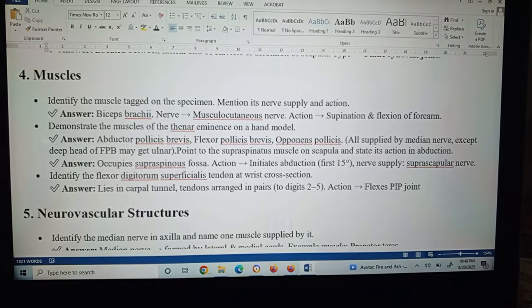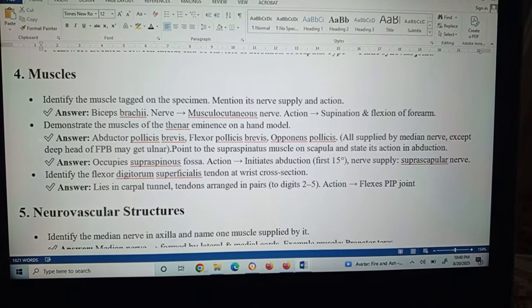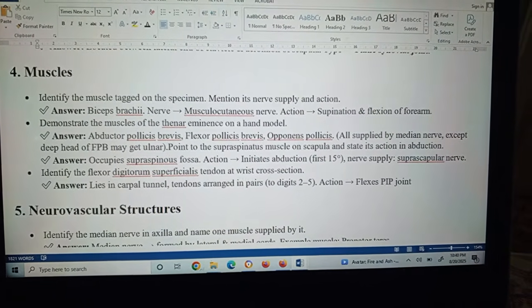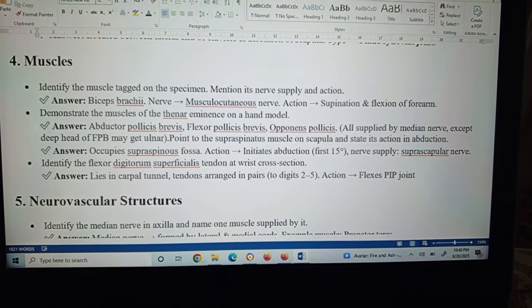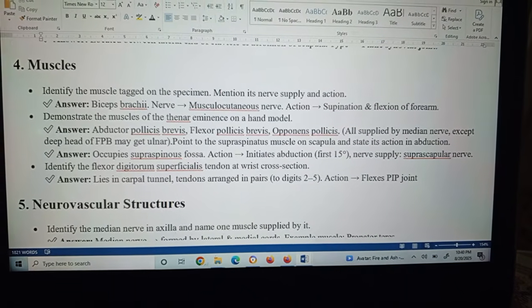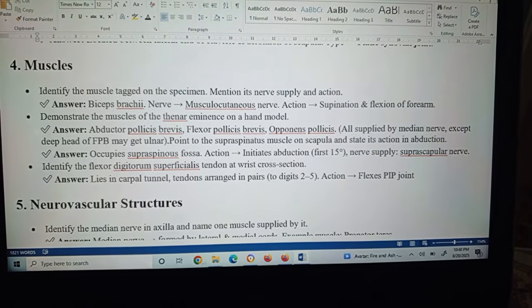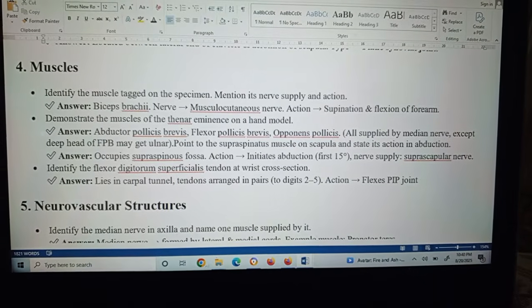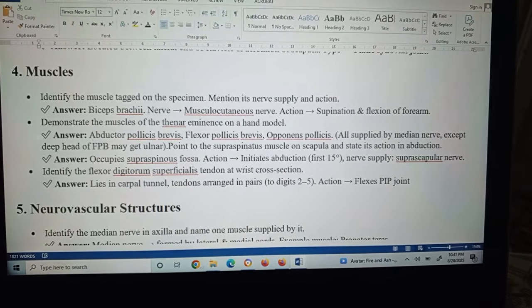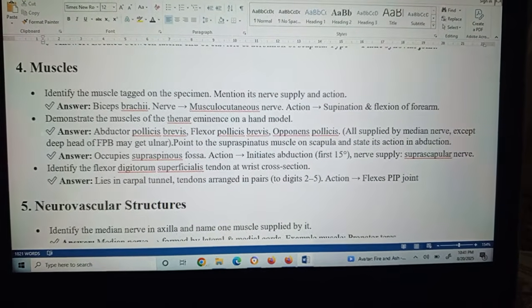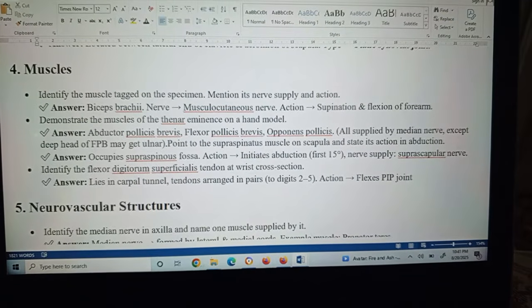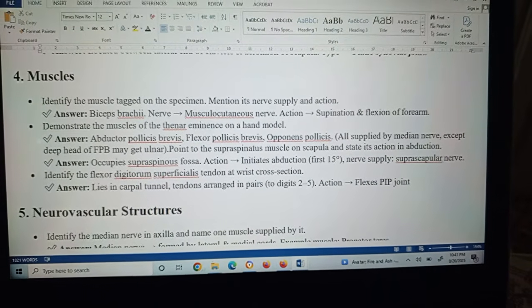Point to the supraspinatus muscle on the scapula, where it is going to be present on the posterior side. The spine divides the posterior side into two fossae, the supraspinatus fossa and the infraspinatus fossa.